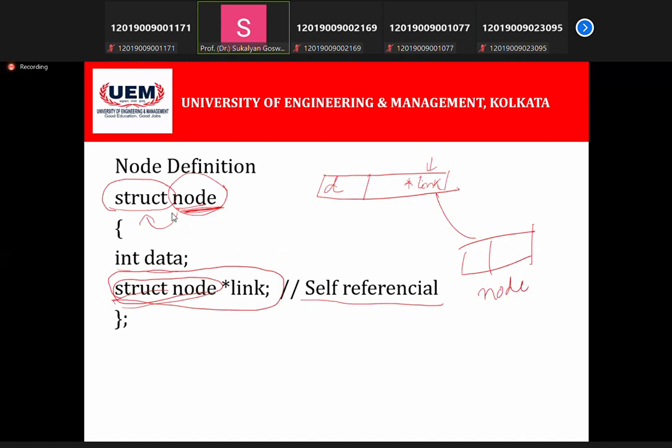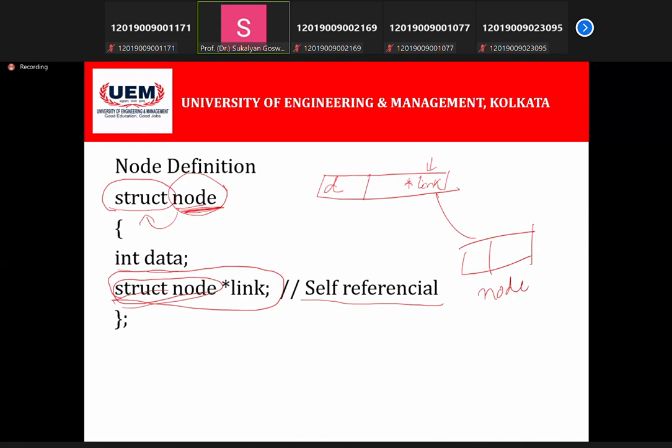So whenever you use a node, you need to use this kind of node definition, where one part will be the data and another part the link. Now you may ask whether we can't take different kinds of data. Yes, you can. But here our purpose is to learn how to deal with the linked list, not with how much data I can store. For your own choice, you can take any kind of data and proceed with it.